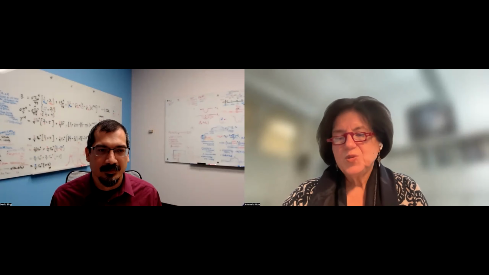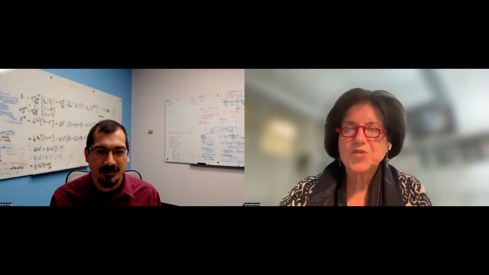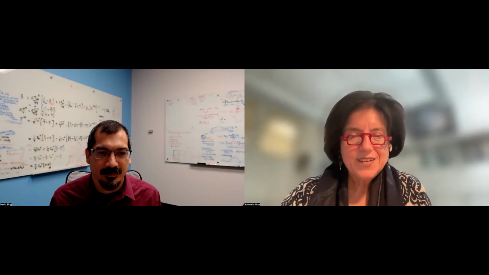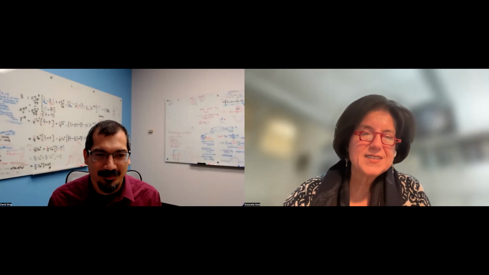And it is our pleasure today to have with us distinguished Bloomberg professor David Singh from Johns Hopkins University. So David is a longtime colleague and friend. He started his career with a PhD at the University of Arizona.